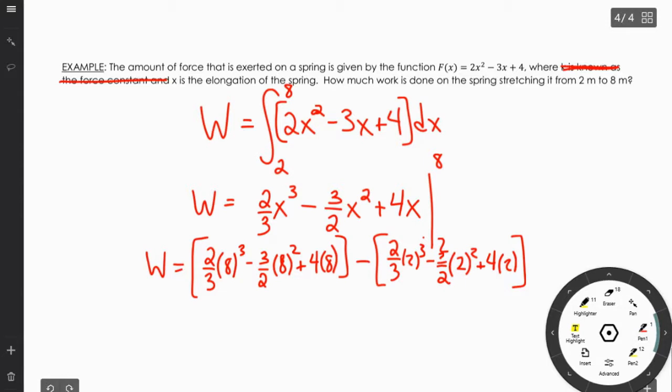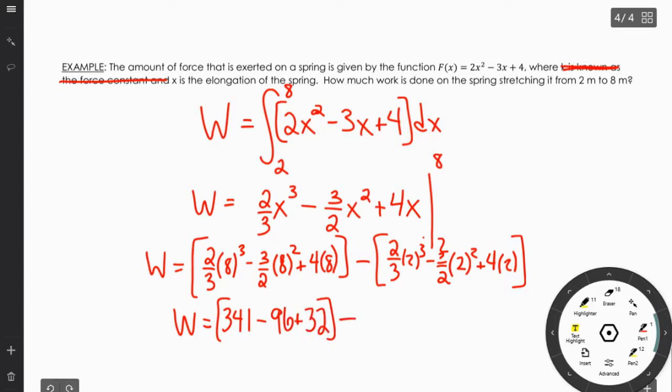All right, so the amount of work done. We're going to do 2/3 times 8 cubed, and we'll call it 341, minus 3/2 times 8 squared, which is 96, plus 32. I can do that in my head.